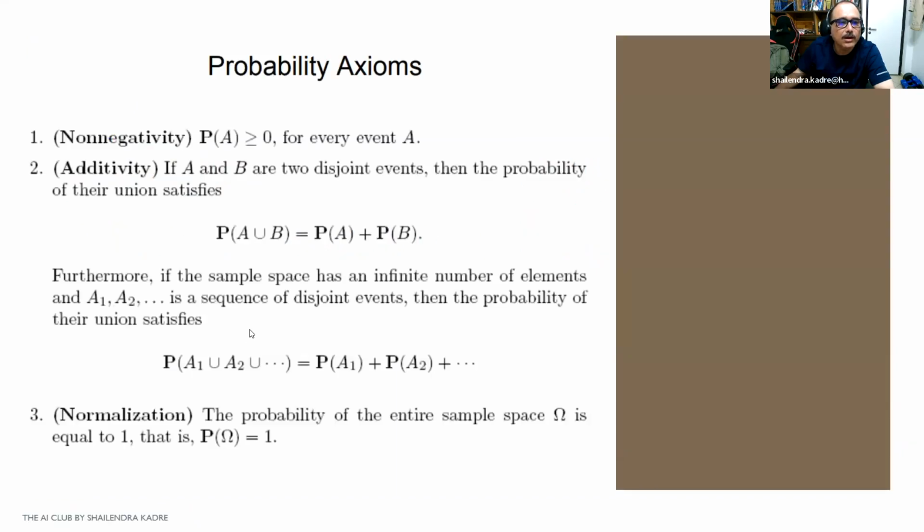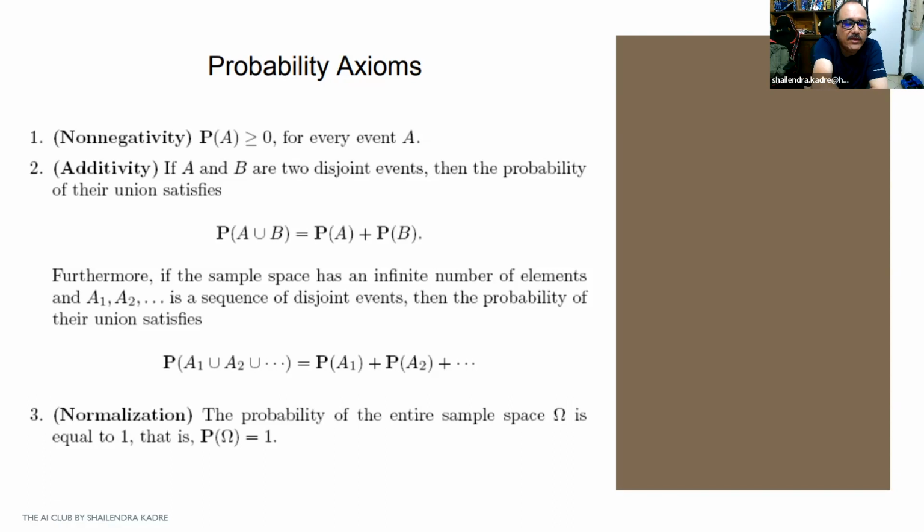I think you are already familiar with non-negativity. Probability can never be negative. Minimum value is 0, maximum value is 1. It cannot be less than 0, it cannot be more than 1. Now, if events are mutually exclusive, P(A union B) is equal to P(A) plus P(B), we have seen many times.